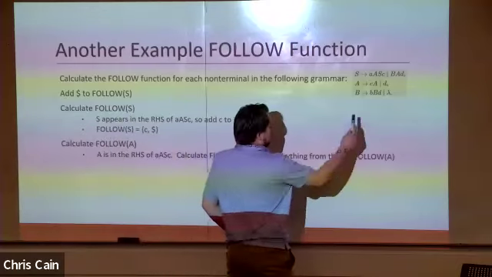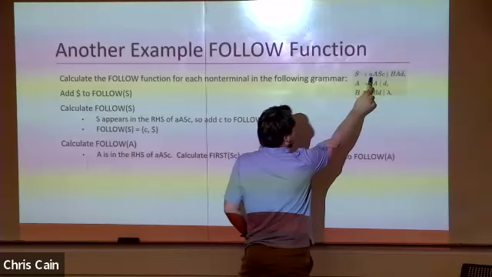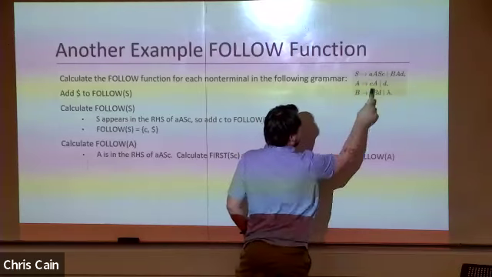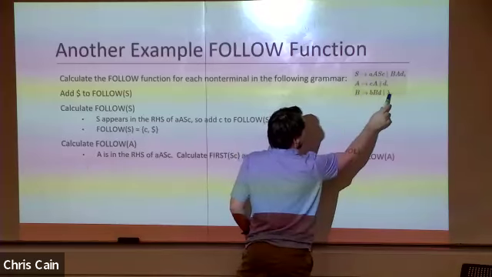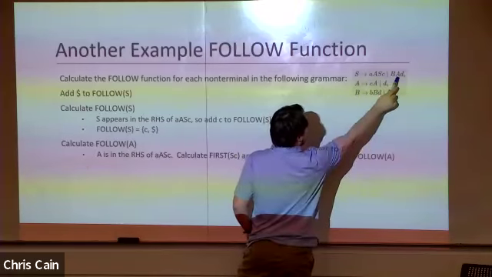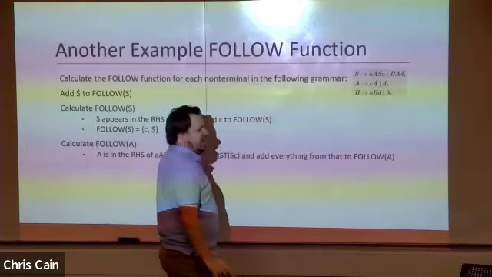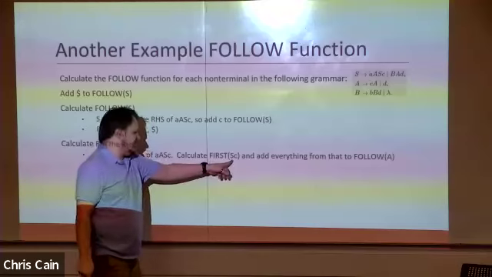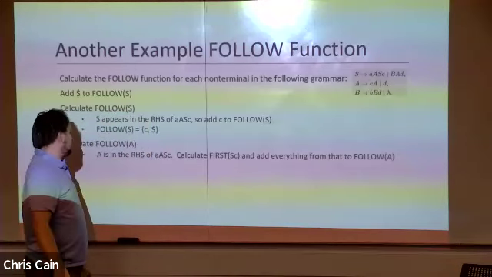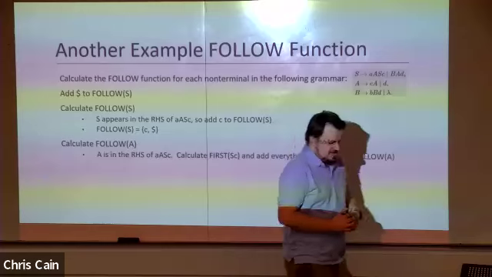Well, we calculated this before, but S can derive A at the beginning. S can derive B, which can derive B. S can derive B, which can derive lambda, which means we need to calculate the first of A, which could be C or D. So everything was in first of S. So we're going to add A and B and C and D, all of which join follow of A.